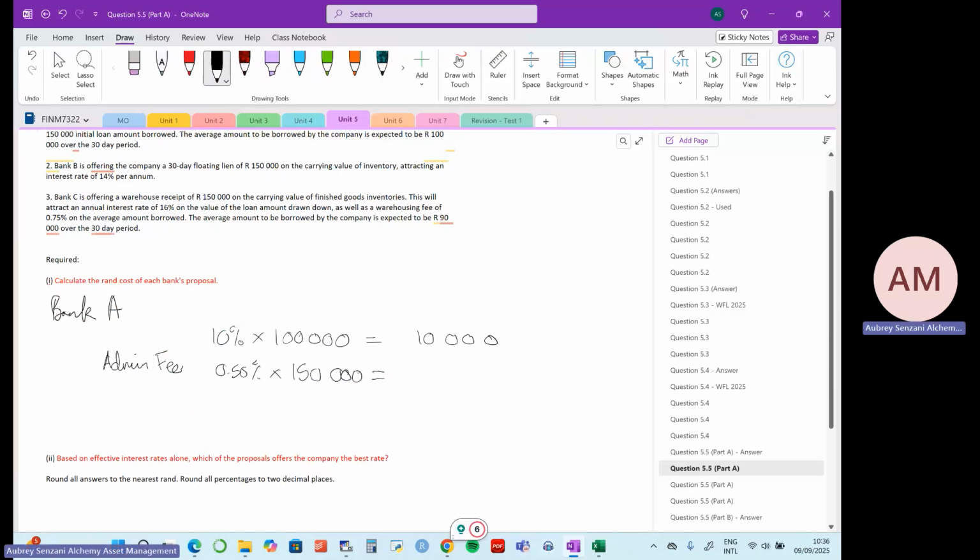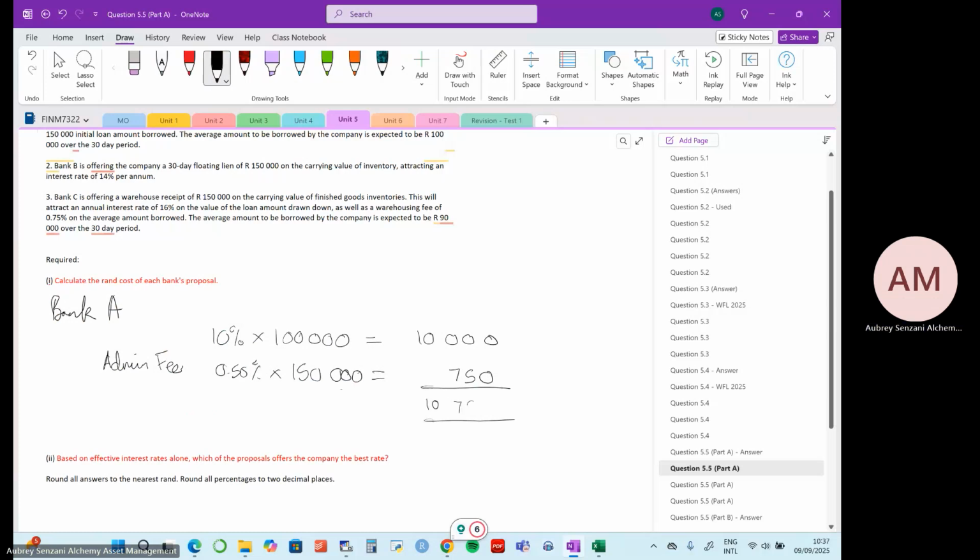You're saying what? Oh, you're saying this is 75,000. It's not 50%, it's 0.5%. But there should be a 75 involved there. 750. So where do we go from here?